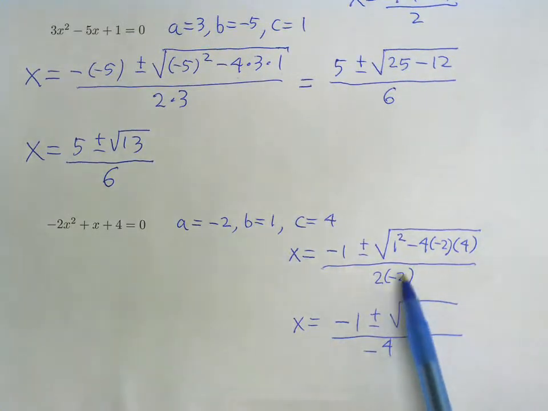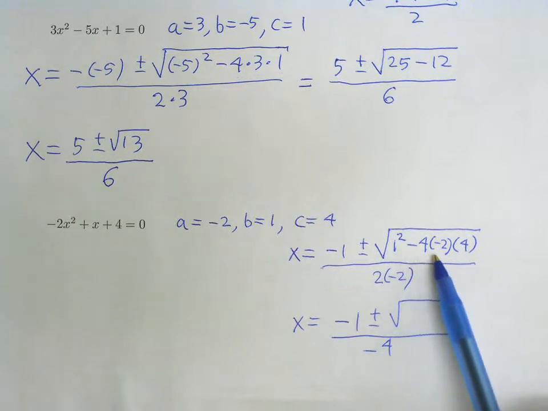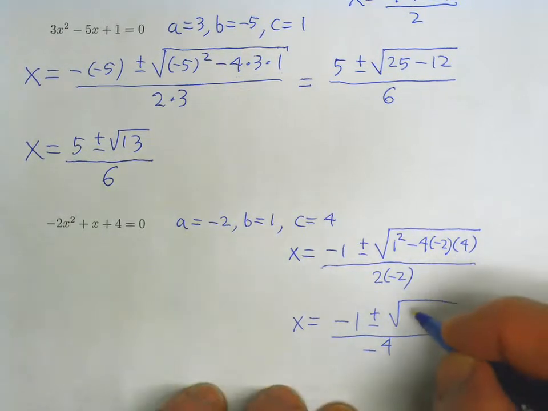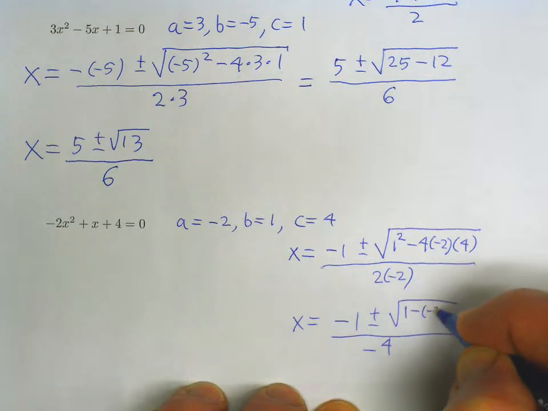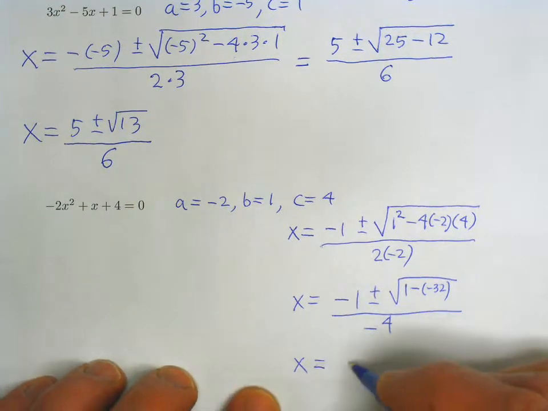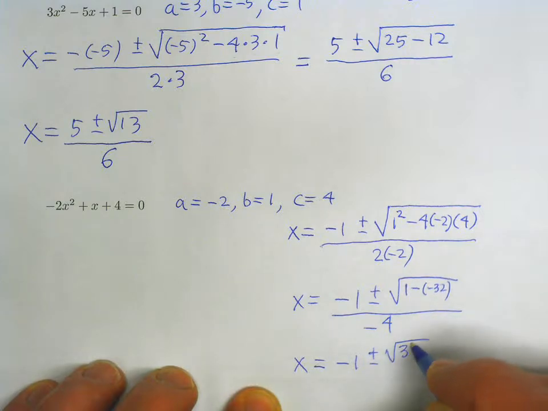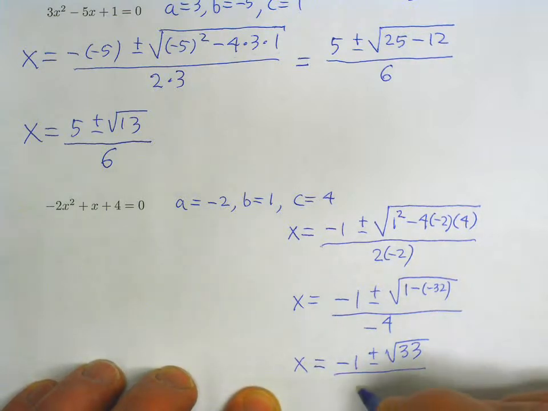Inside the square root, we have 1 squared is 1, minus 4 times -2 times 4. So we're subtracting -32. So I'll go ahead and write it 1 minus -32. And then we get x equals -1 plus and minus the square root. Well, 1 minus -32 is the same as 1 plus 32. So it's the square root of 33 divided by -4.